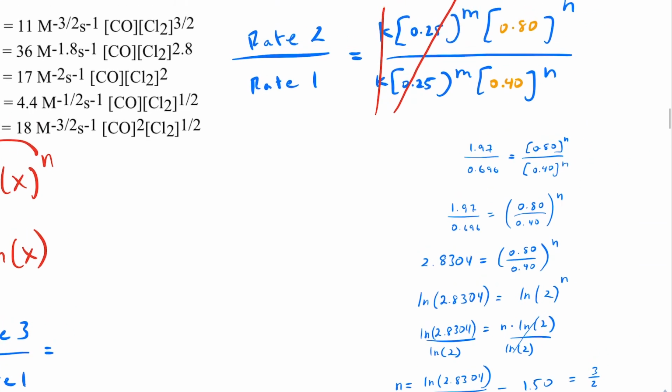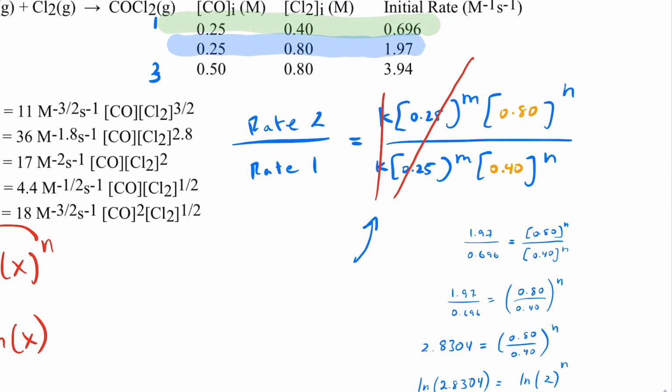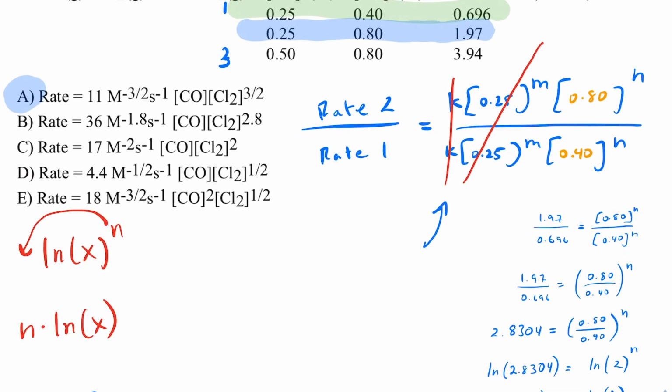I'm not going to write all the k's and stuff, because as you saw before, all of the k's and the other reactant that's held constant, those all cancel out. So really all I care about is the one that did change, the one that doesn't cancel out. So in this case, the carbon monoxide.